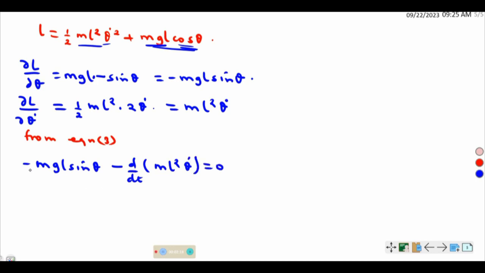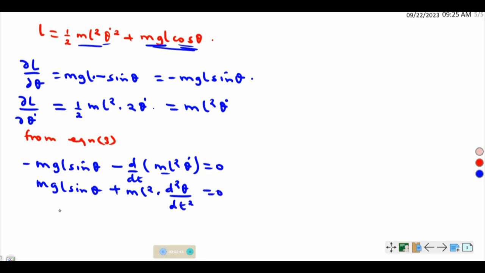So this will be the same as, when we multiply through by the negative, m g L sine of theta plus, when you differentiate this, m is a constant, L squared is a constant, so we differentiate theta dot with respect to t. Theta dot is d theta dt, so differentiated again it will be d2 theta dt squared.